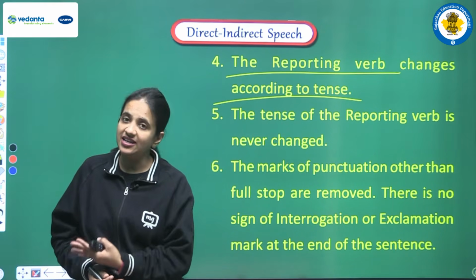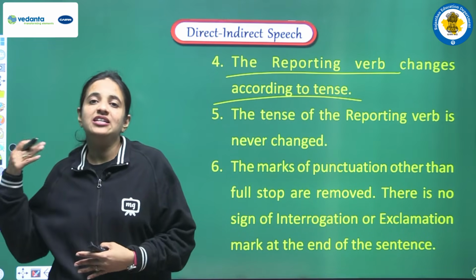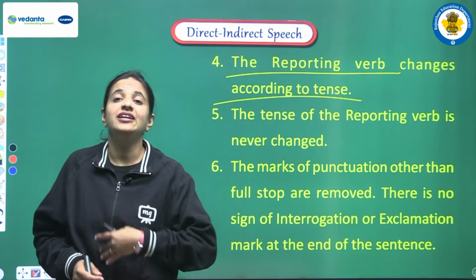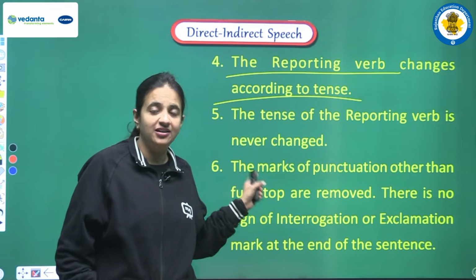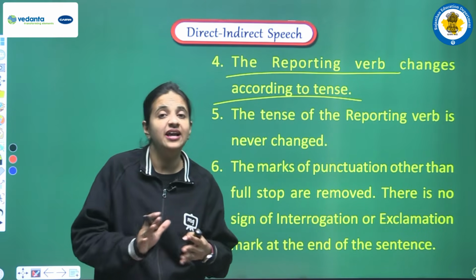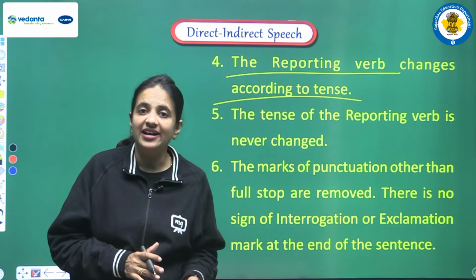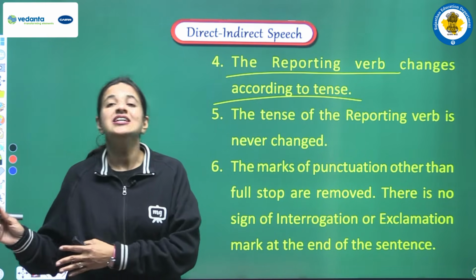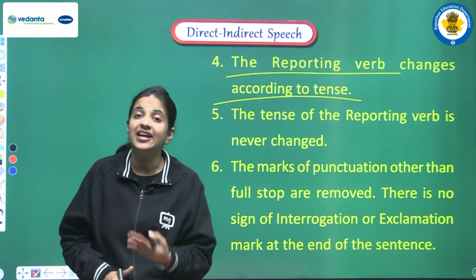Suppose there is a past tense, so yes, in the indirect speech also we will maintain past tense. If there is a present or future tense, in indirect speech also we will maintain the same tense. So what we are having here is again yet another important point. We are having that the tense that is there in the reporting verb. Reporting verb means the part that is outside the inverted commas.